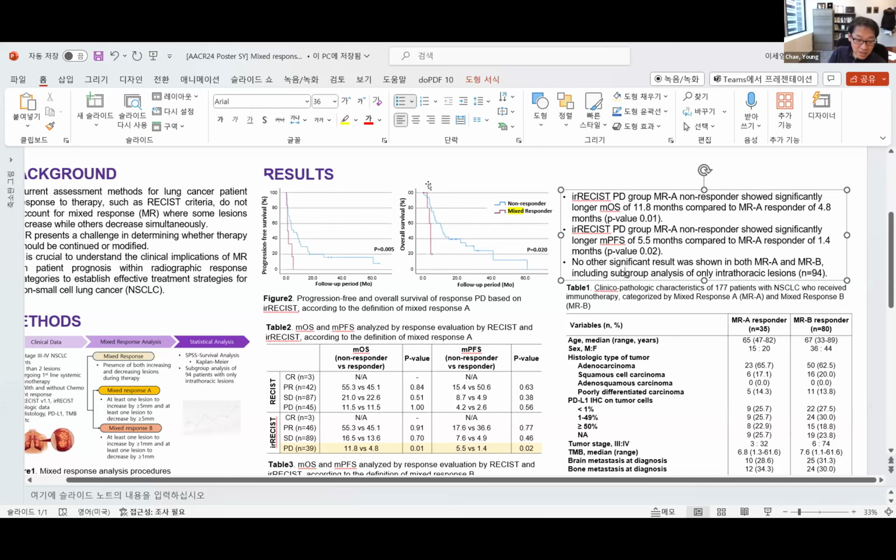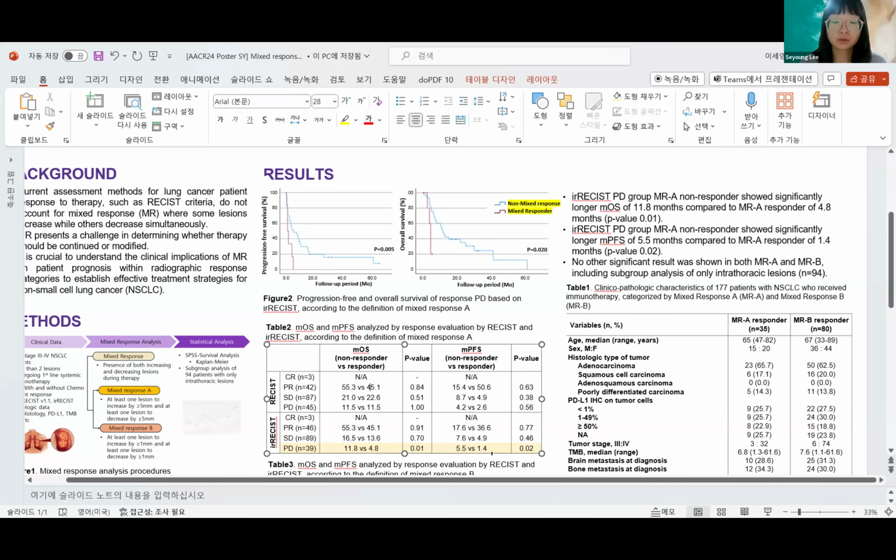So first of all, you cannot use the word non-responder or responder. It's mixed response versus non-mixed response in every paper. Second, here mixed response in PR is doing worse. In SD, OS is better, but PFS is worse.